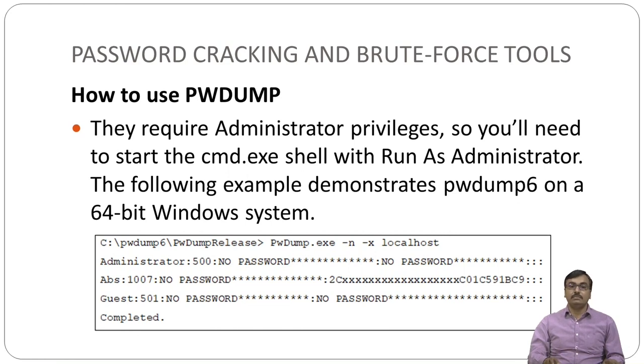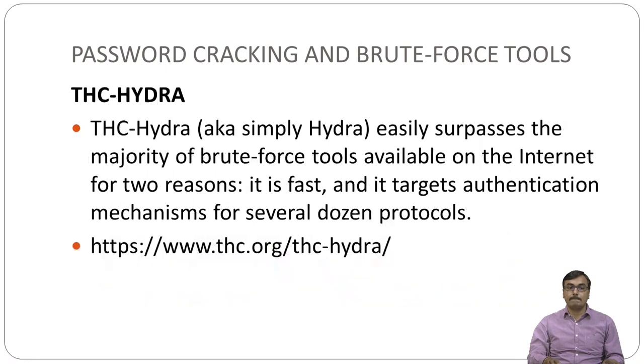By providing this command, you will get the account details like administrator, user or guest user. So you have to enter this kind of command for the localhost: pwdump.exe -n -x localhost.